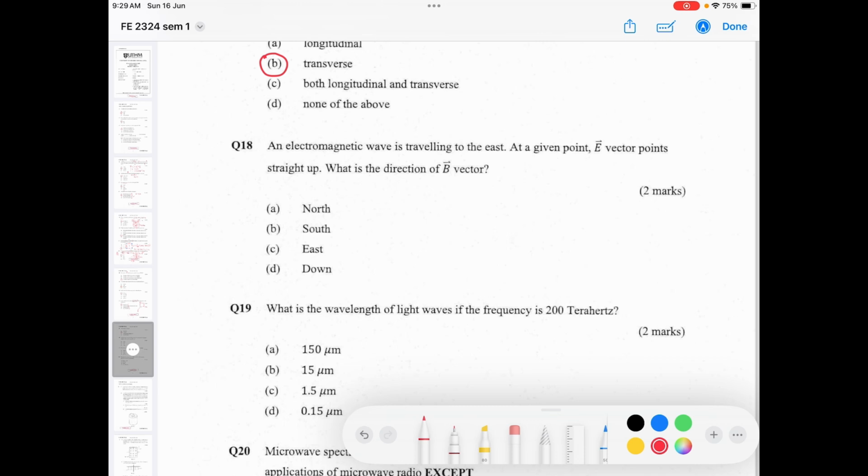An electromagnetic wave is traveling to the east. At a given point, the E vector points straight up. What is the direction of the vector B? It is transverse to the east. This is north, this is south, this is east, and this is west.